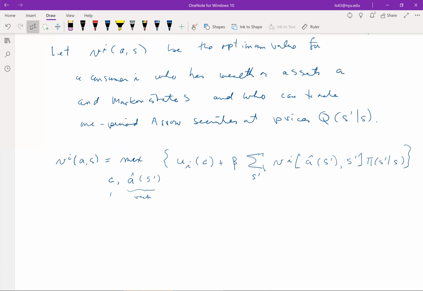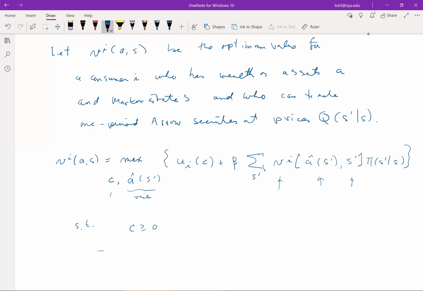So that's my Bellman equation. It's my value function tomorrow at tomorrow's wealth, tomorrow's state. That's the expected value. And now I have to have some constraints. Well, we're going to impose C is greater than or equal to 0. In some sense our Inada condition is going to do that for us.